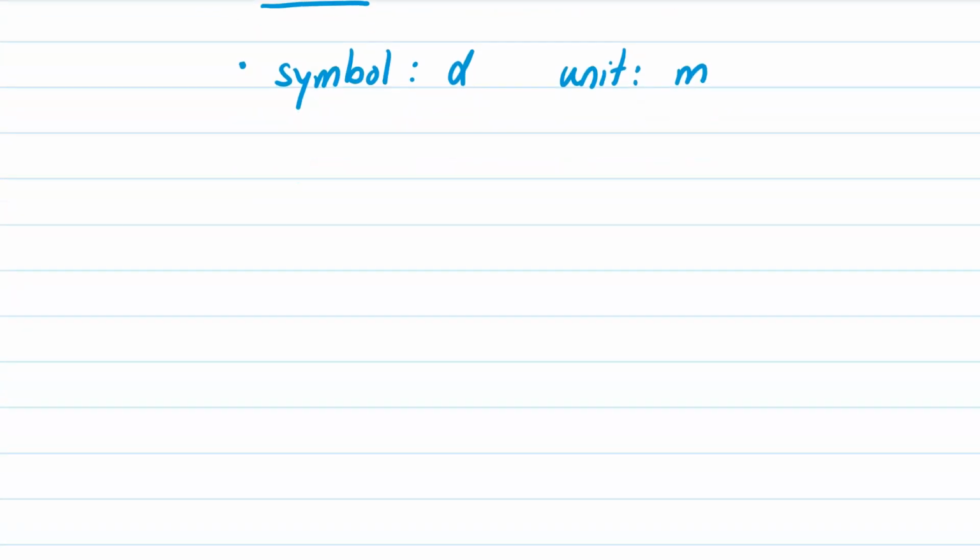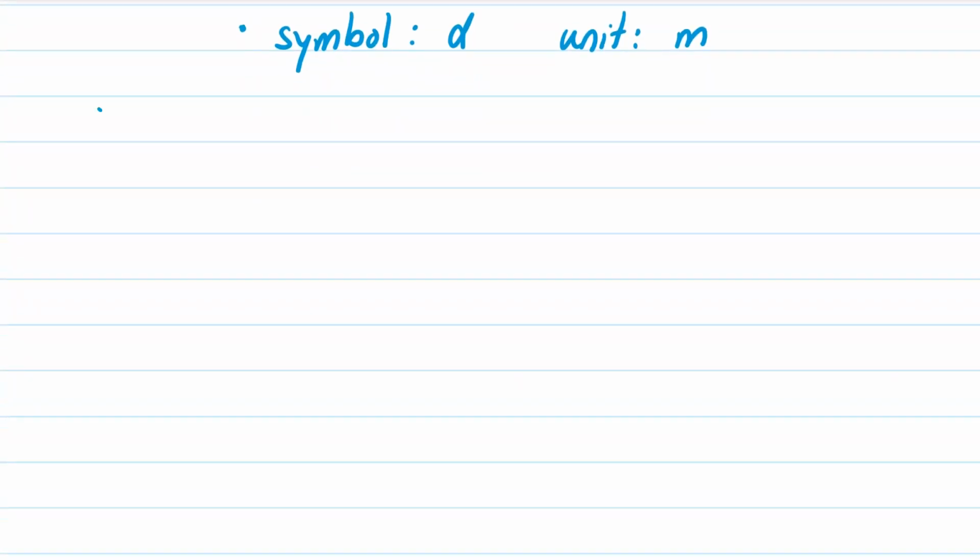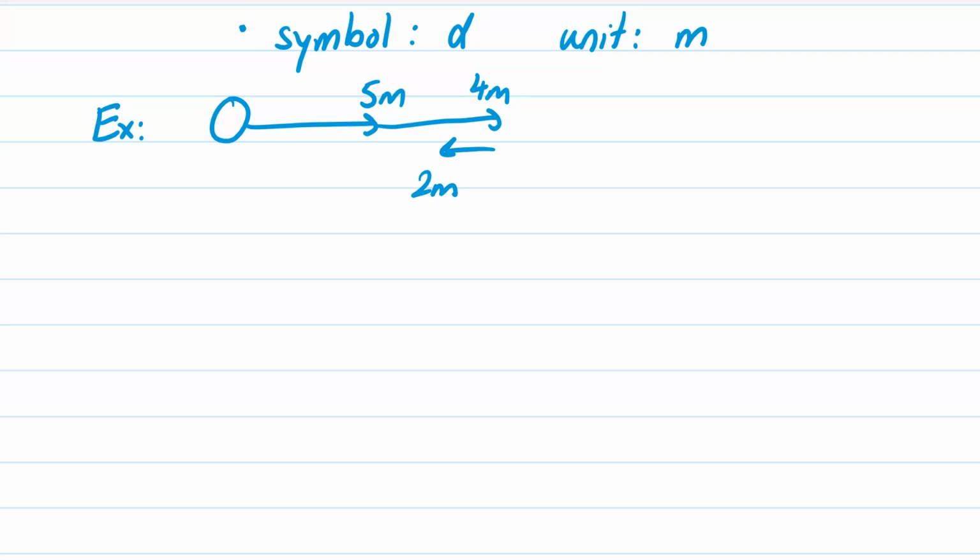Now for our example, we had a ball, and it traveled 5 meters, then another 4 meters, then it went backwards 2 meters, and then it went back another 5 meters. Okay, so the total distance is just the sum of all those distances traveled.